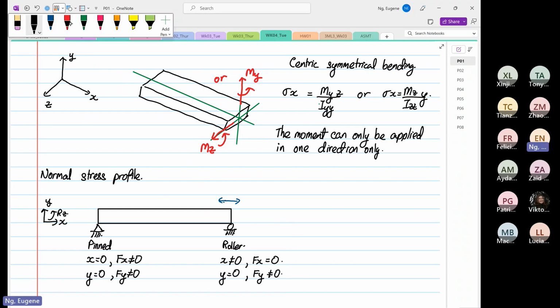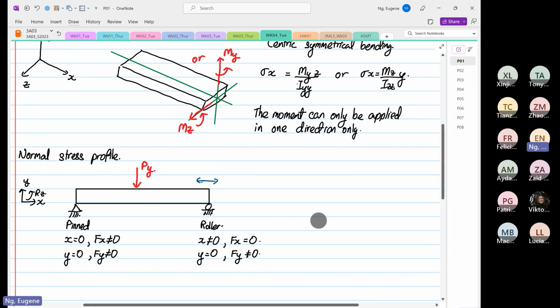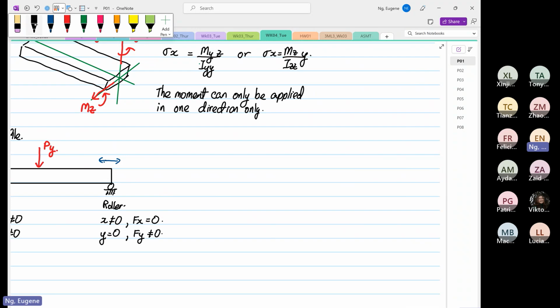Then if we have a load applied at the center, and this load is our Py, how does the normal stress distribution look like? Now I'm going to draw our cross section view, so I'm going to change my transformation.